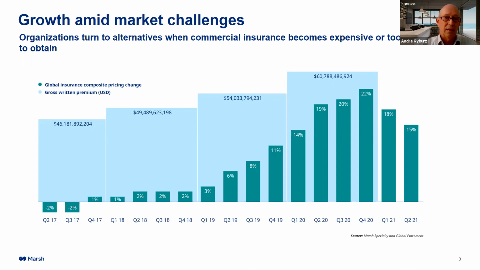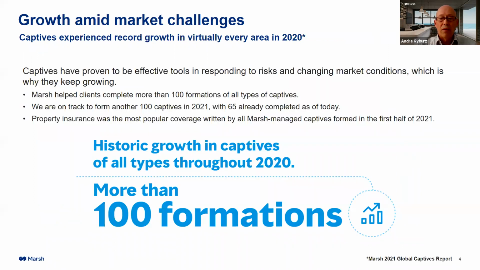And that in itself obviously provides a lot of challenges for our clients. So what we have seen emanating from that, here's one of the results of these hard insurance markets. Captives are formed at a record pace after many years of muted demand.